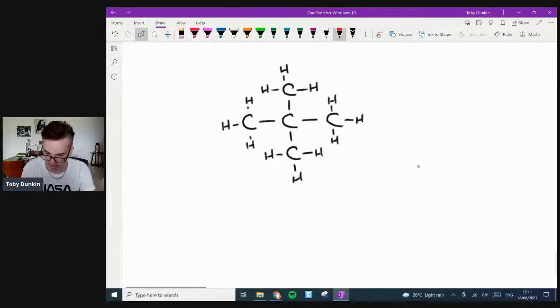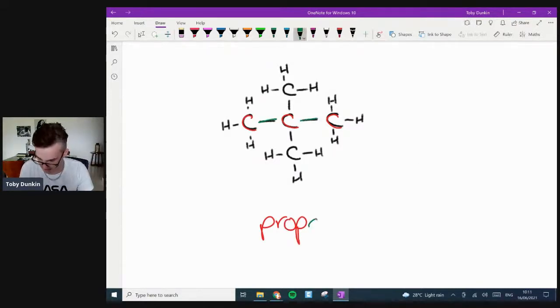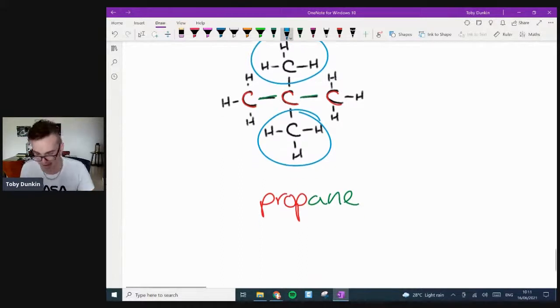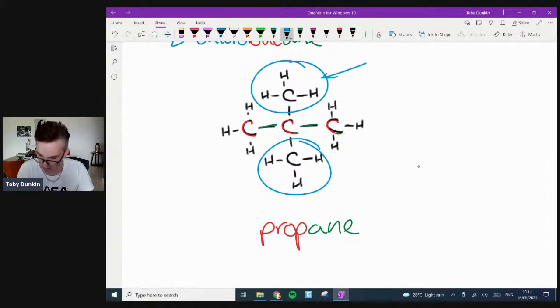So let's run the process. How many carbons in a chain? The answer is 3. Everyone got that right. This is a prop, and it is also an ane. But now I have 2 branches, and they're both meths. This is a methyl branch, and this is a methyl branch.